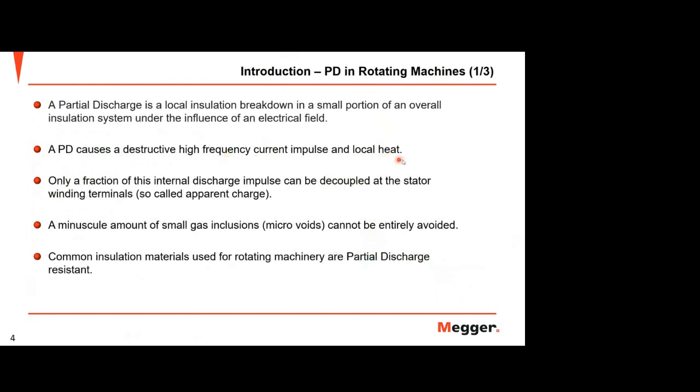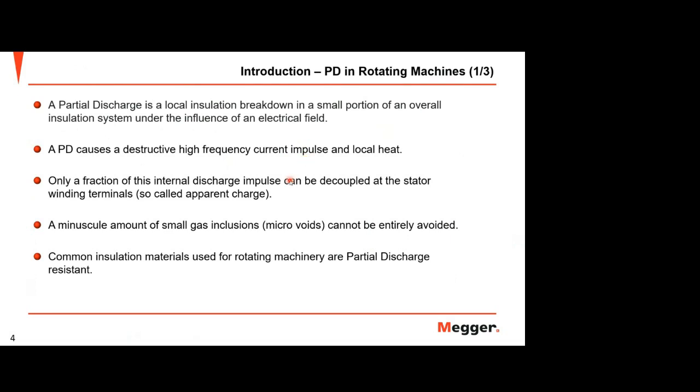Okay, if you see here, partial discharge is a local insulation breakdown in a small portion of an overall insulation system under the influence of an electrical field. The subsequent electron avalanche, caused by accelerated free electrons in this electrical field, results in destructive high frequency current impulses causing, amongst other things, local heat.